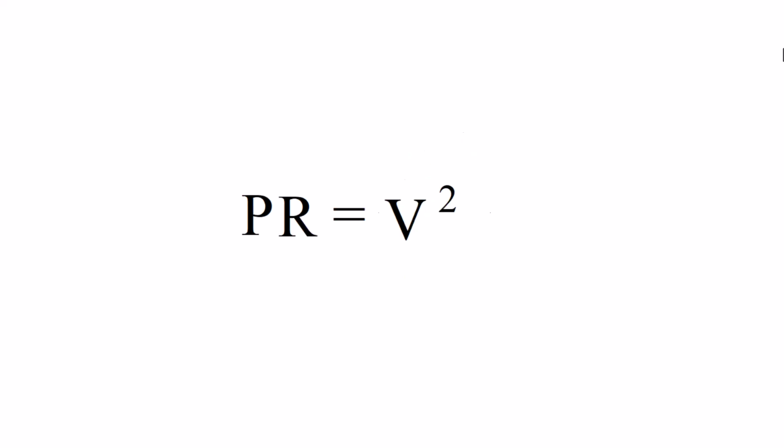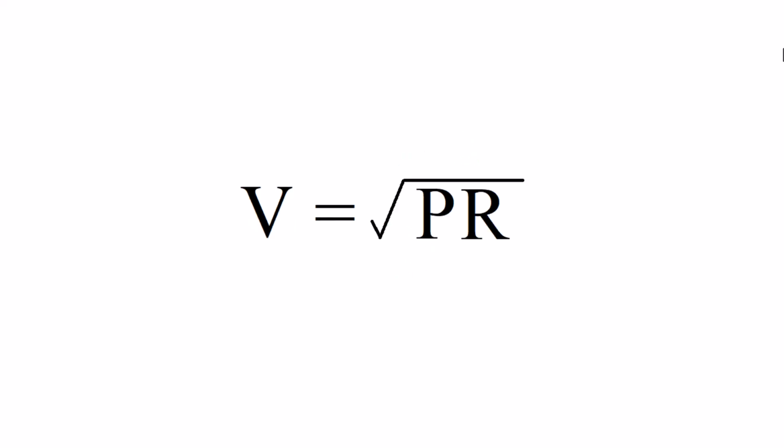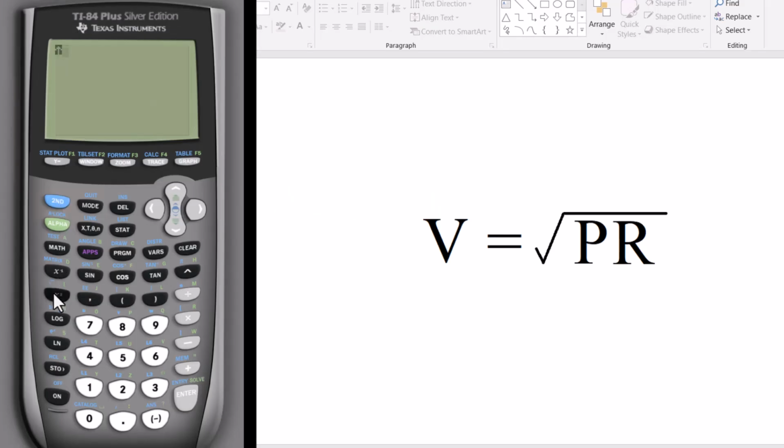So I'm going to rearrange my equation to say power times resistance equals voltage squared, and then take the square root of both sides, so I know that voltage equals the square root of power times resistance. So I'll take the square root of 1200 watts times 50 ohms. And my answer is 244.9, or we'll round it to 245 volts.